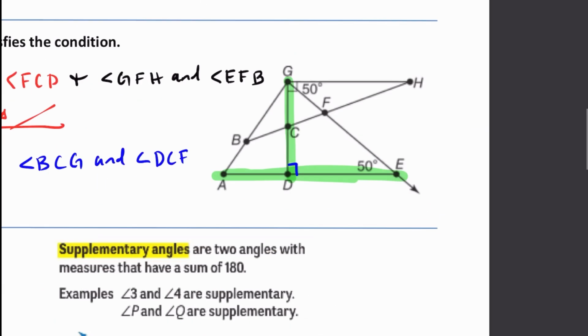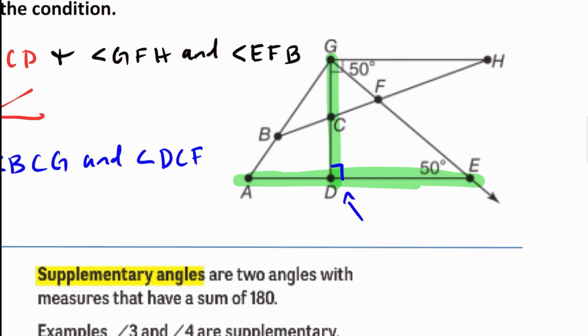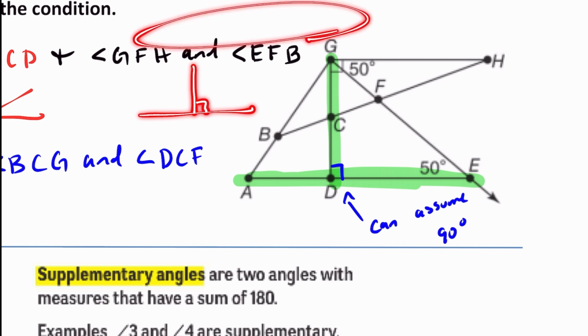And yes, I can assume it's 90 degrees because it's stated on the picture, or it could be stated right at the beginning somewhere in the problem itself. If this square is not there, you cannot say that those two segments are perpendicular unless there is a square or the problem itself says these two segments are 90 degrees right from the beginning.